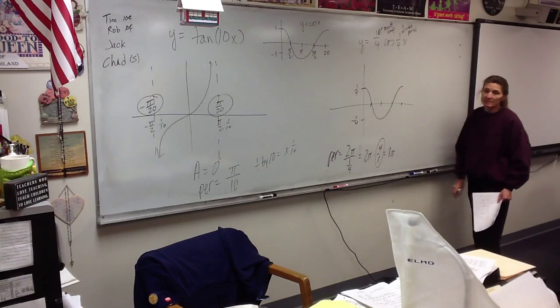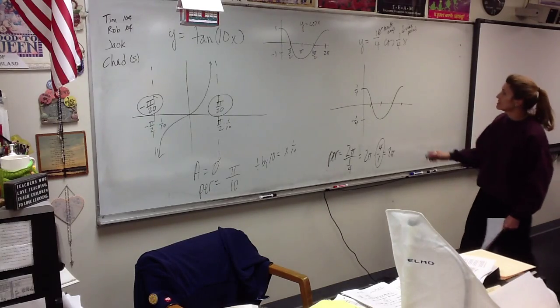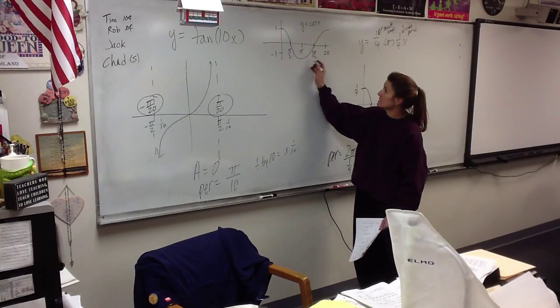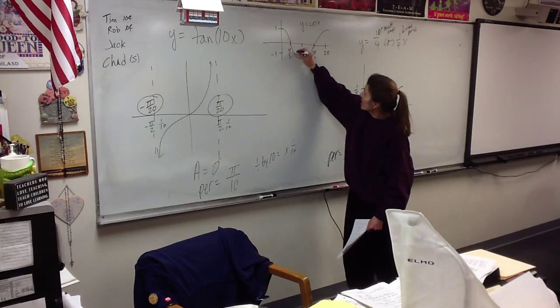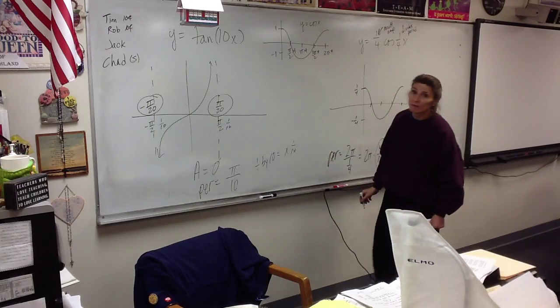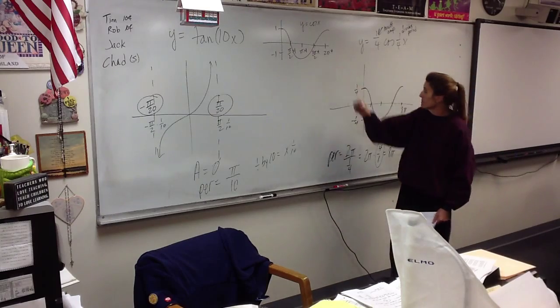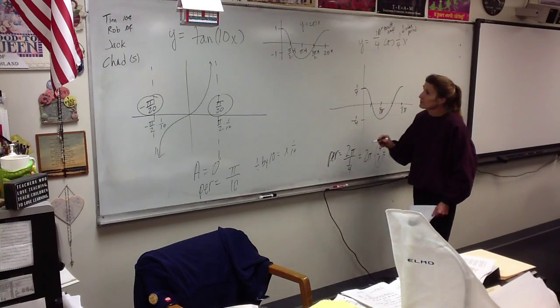Dividing by a 4th, or multiplying by 4, tells me that every one of these labels has been times by 4. Every single one of them. That makes the last one 8 pi and the middle one 4 pi.